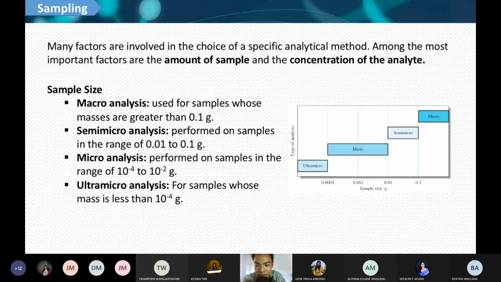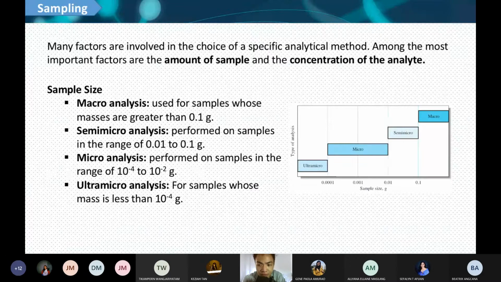So what's the point of this slide? The general point is that depending on your sample size, there must be a corresponding method for that. If your sample size is very tiny, then you must use much more sensitive equipment and apparatus when observing them.